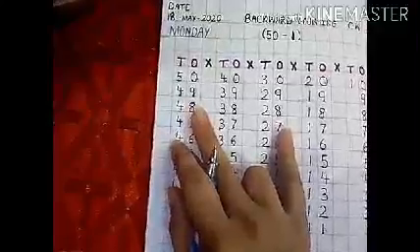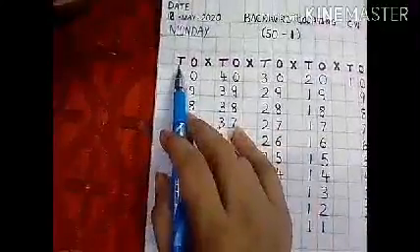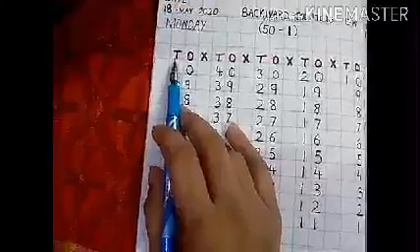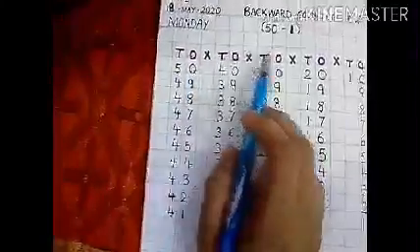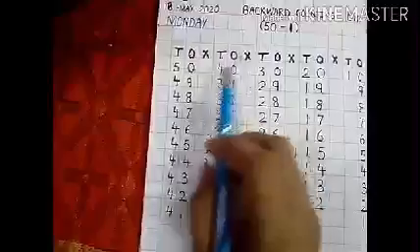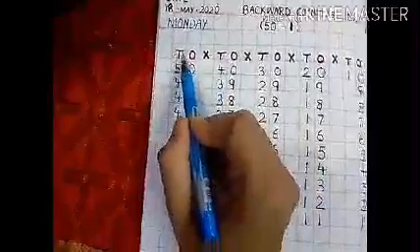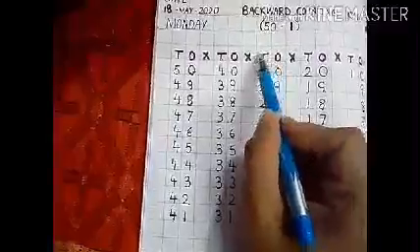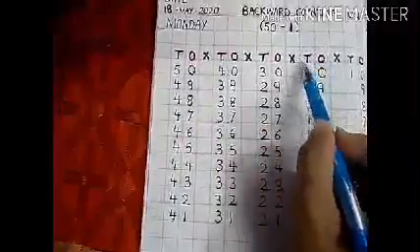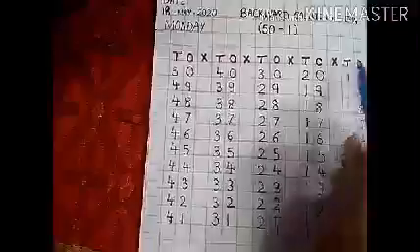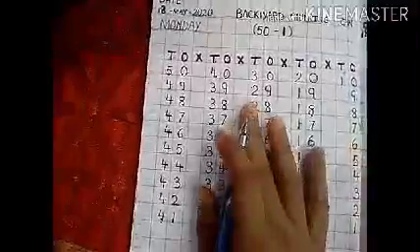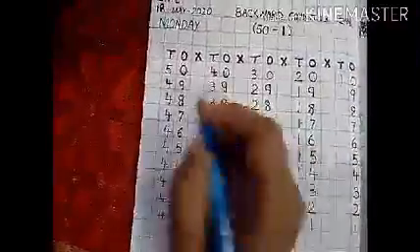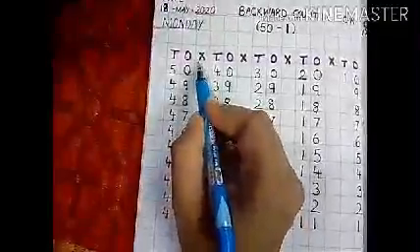So let's start. Class, in my notebook I have written 5 times "tens ones." How many times did I write? 5 times. 1, 2, 3, 4, 5. Then one box has to be left between.